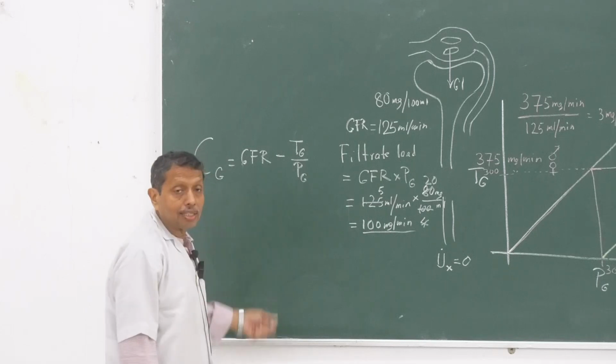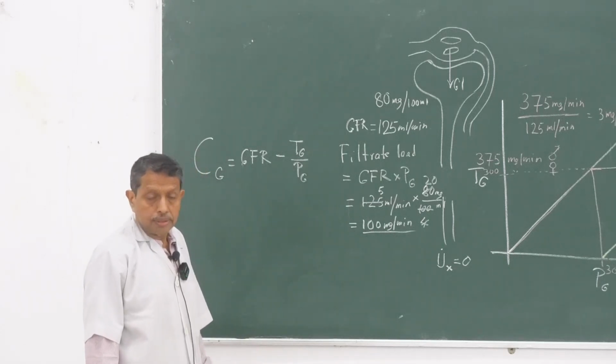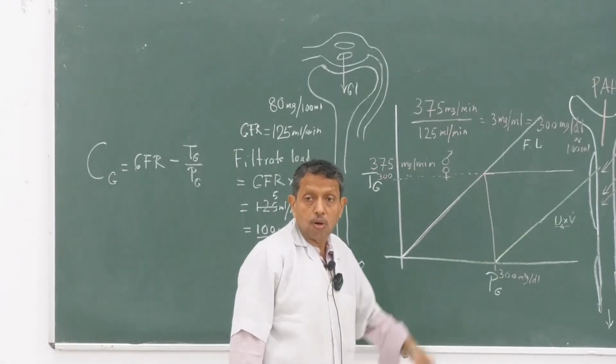And normally the clearance of glucose is 0 normally, but when it exceeds this value, then it go on increasing.